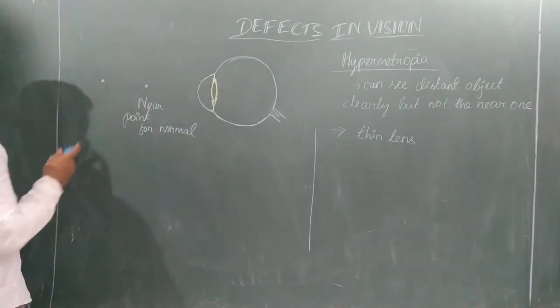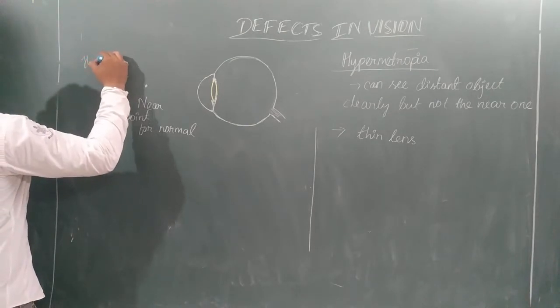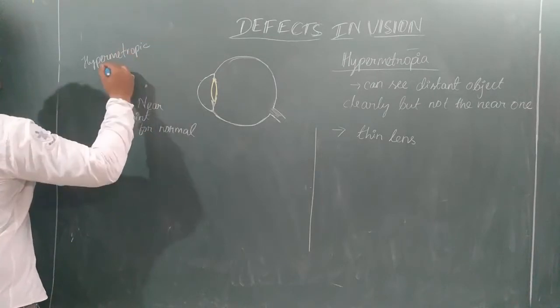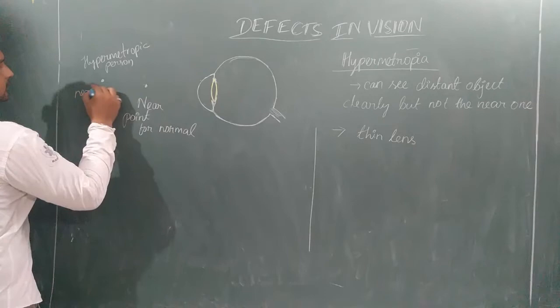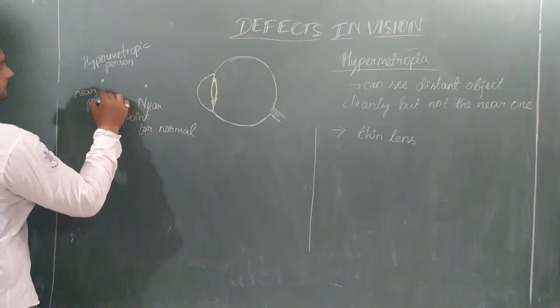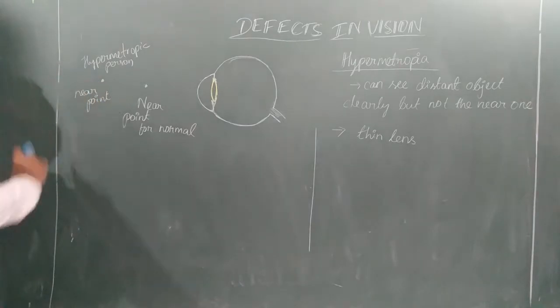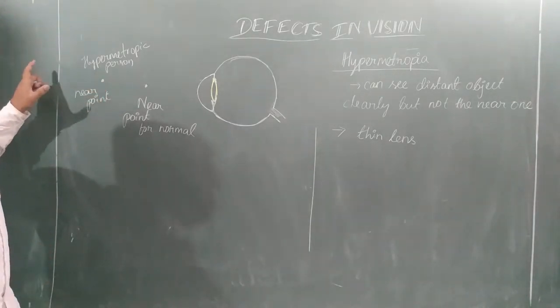This is the near point for a hypermetropic person. At this place, or after this, the person can see an object clearly.